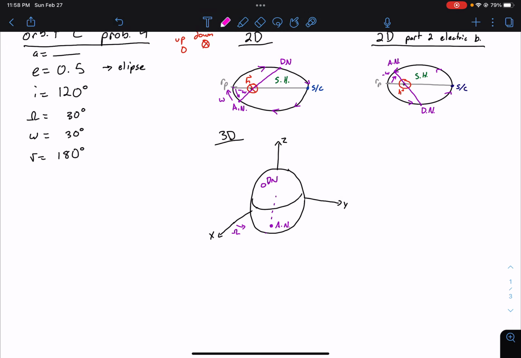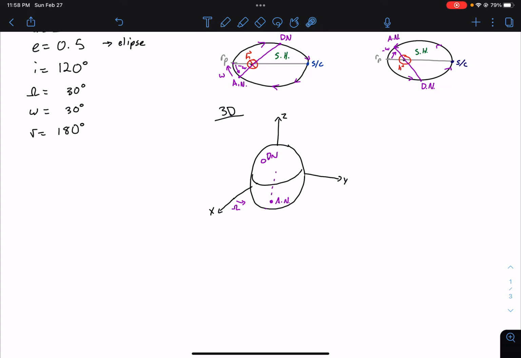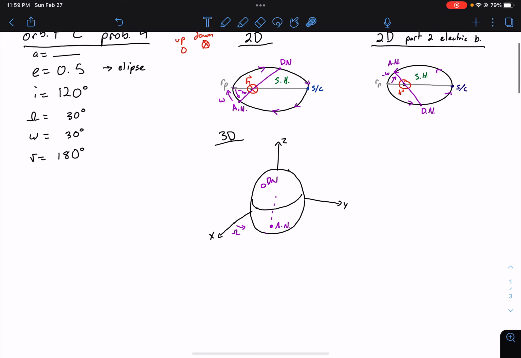Okay, now that we have the ascending node and the descending node, I just did that backwards. What else can we do? Well, now we can look at the inclination again. Inclination is the perpendicular of this. That's why it's coming out of the page in this 2D plot, and going down into the page on this 2D plot.